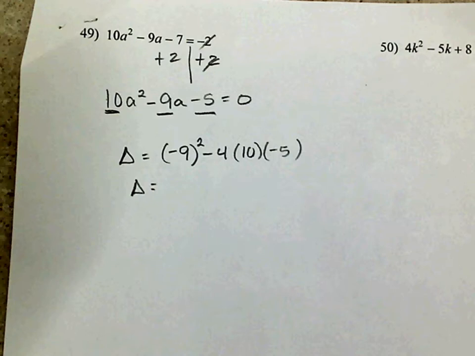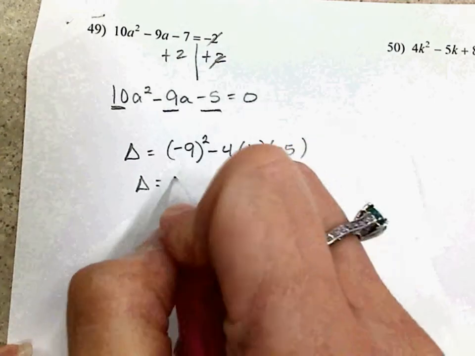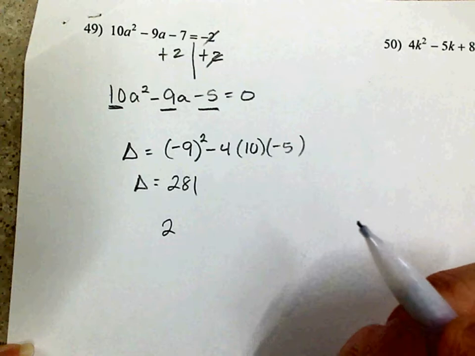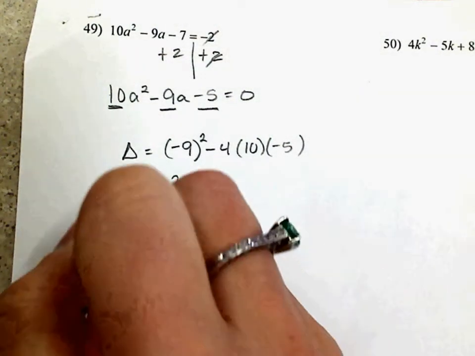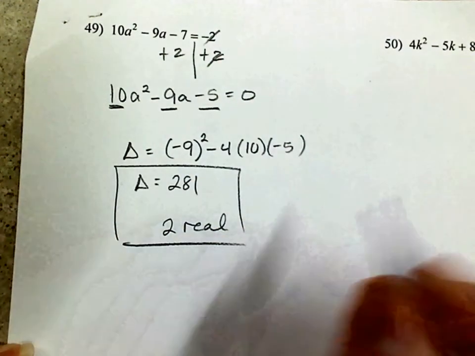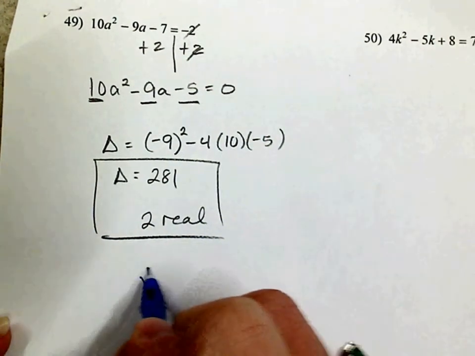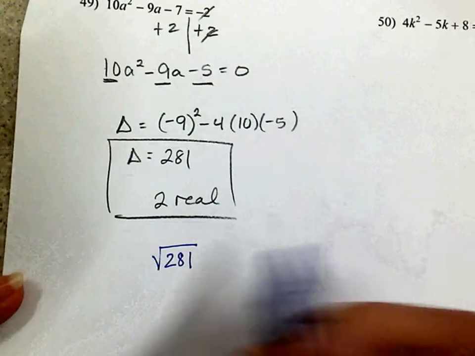So, 281. I'm going to check this real quick. Minus 4 times 10 times 281? What kind of answer is this? 2 real. Awesome. Okay. Now, take a square root. 281. What's factors of 281?